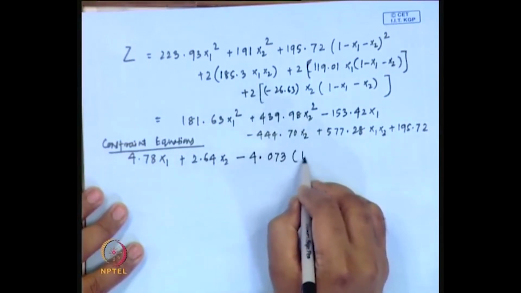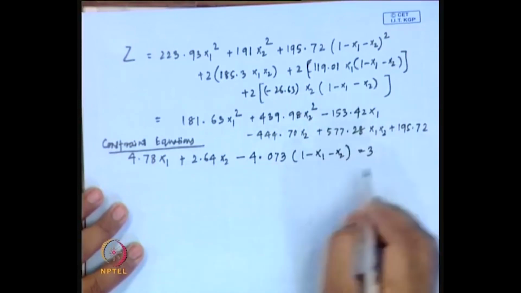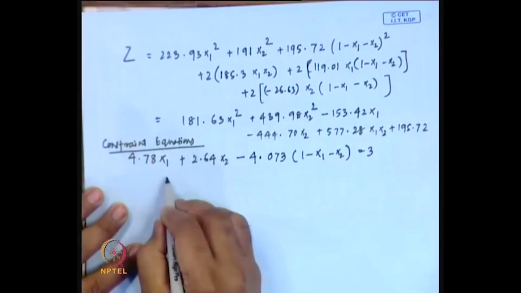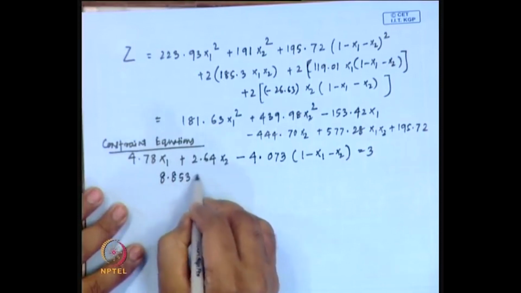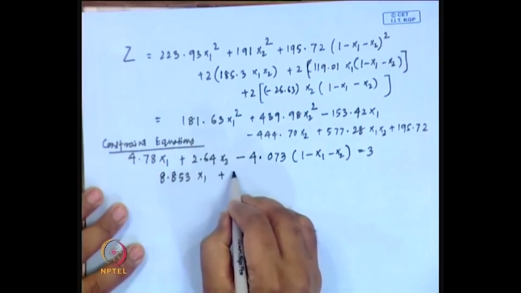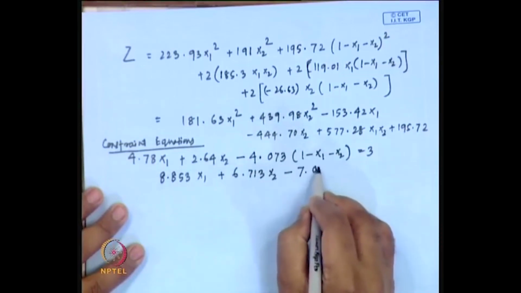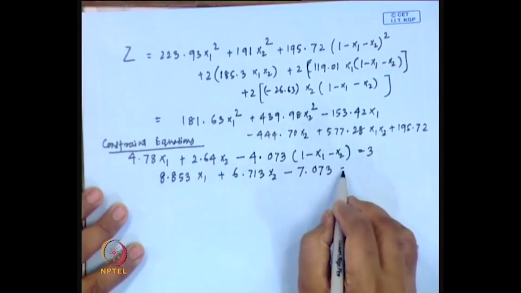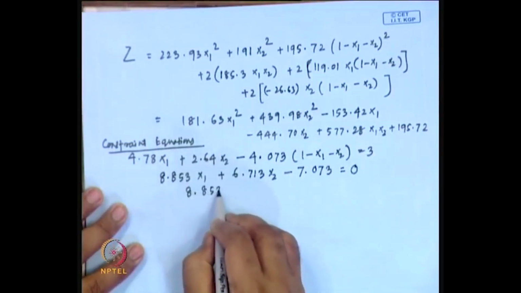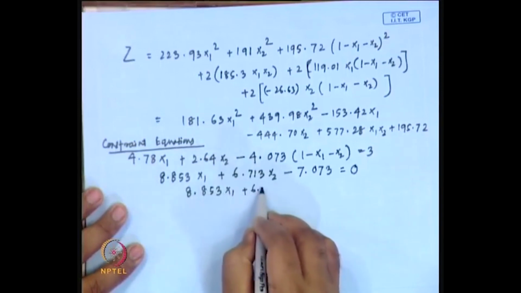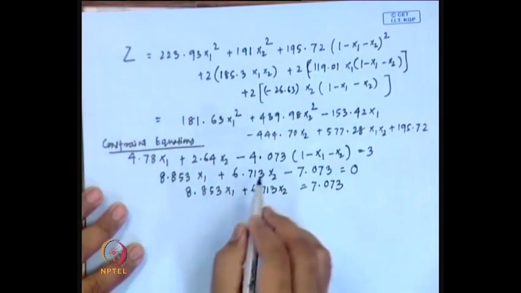4.073 1 minus x1 minus x2 is equal to 3%. Then, after the simplification, it will come to 8.853 x1 plus 6.713 x2 minus 7.073 is equal to 0, and automatically it will be 8.853 x1 plus 6.713 x2 is equal to 7.073.